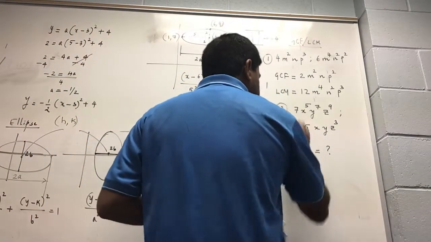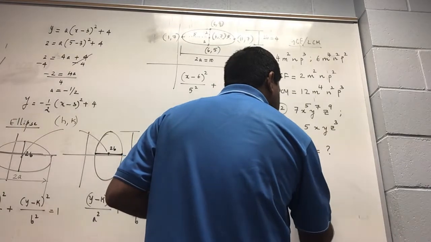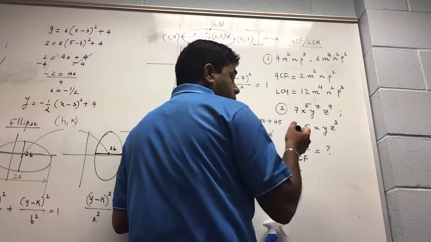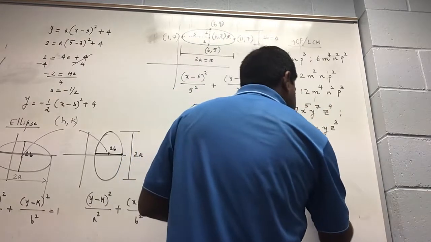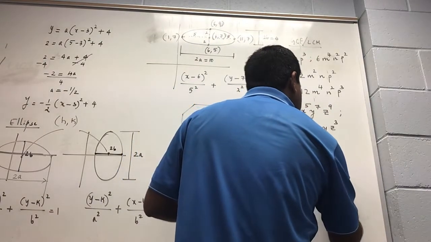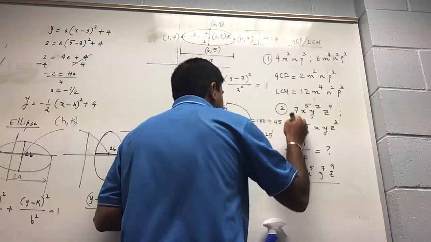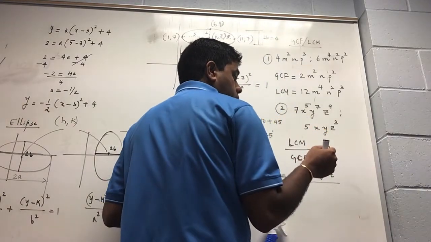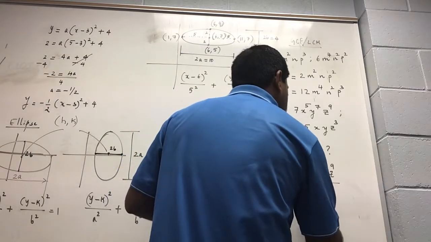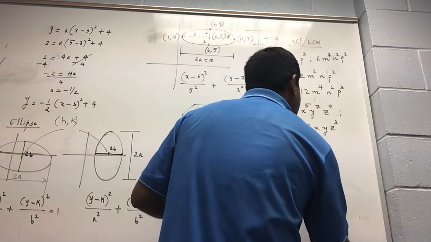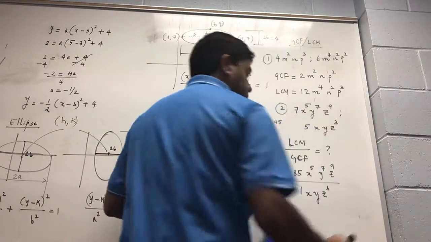Least common multiple between 5 and 7 is 35, right? And for the variables, you're looking at the highest exponents, 5, 7, 9. So x raised to 5, y raised to 7, z raised to 9. What's the greatest common factor between 5 and 7? 1. For the variables, you're looking at the lowest exponent: x cubed, y cubed, z cubed.